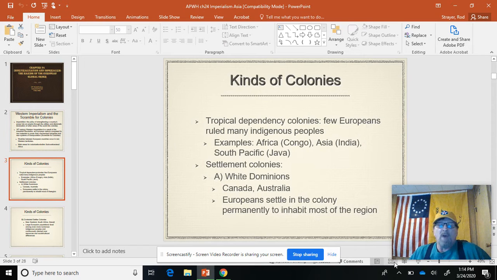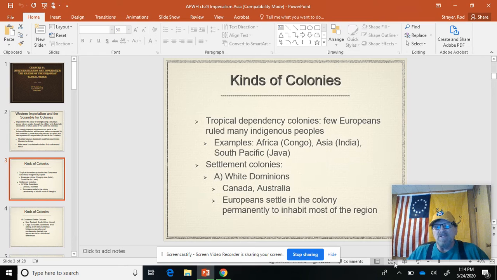We have the tropical dependency, in which it took only a few Europeans to rule the indigenous people. Examples of this would be the Congo in Africa, or India in Asia, and Java in the South Pacific.